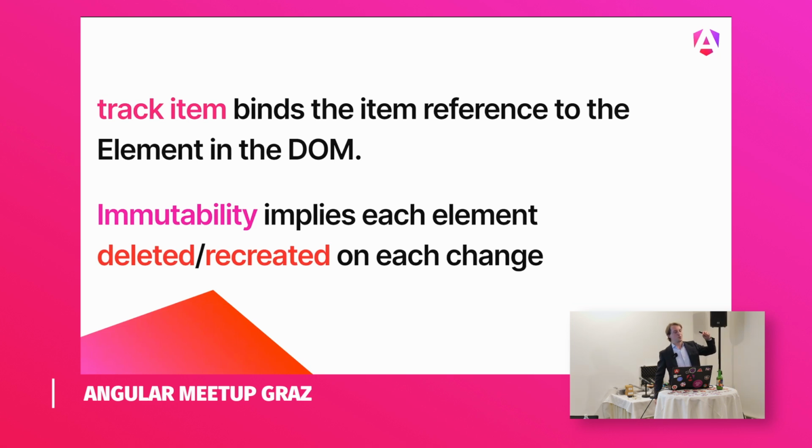And one slide too fast. Immutability. So when you do reference tracking, immutability implies that each time the reference changes, the element is deleted and recreated. So that's what tracking identity, which was the default in NG4, meant: you were doing reference tracking.